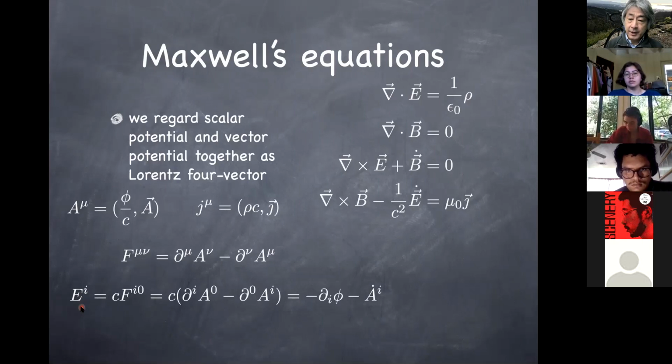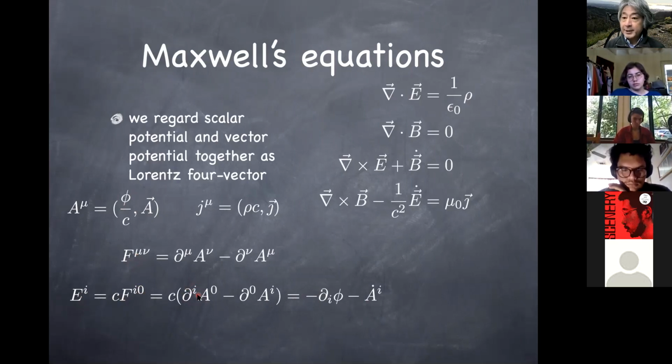So the electric field corresponds to the components of F^μν where one of the indices is the time component 0. And if you multiply by the speed of light, then you can work this out using the original notation of what A should be in terms of scalar potential and vector potential. That turns into this form. And here you get a minus sign because here I have F^μν with derivative upstairs.